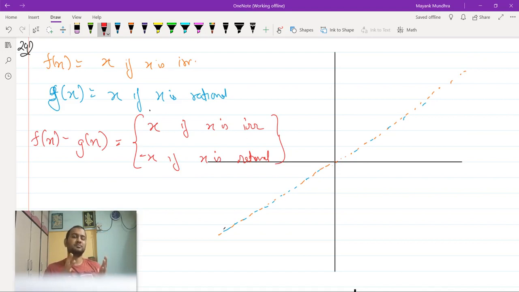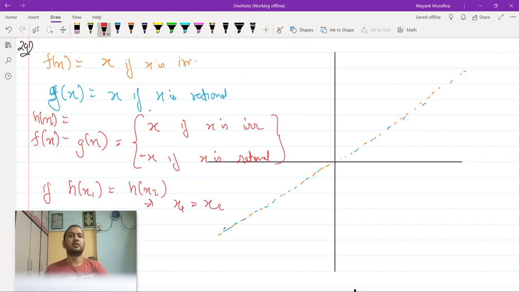Is every x being mapped to something unique? So let me call this function h(x). The question is, if h(x1) equals h(x2), does this imply that x1 should be equal to x2?